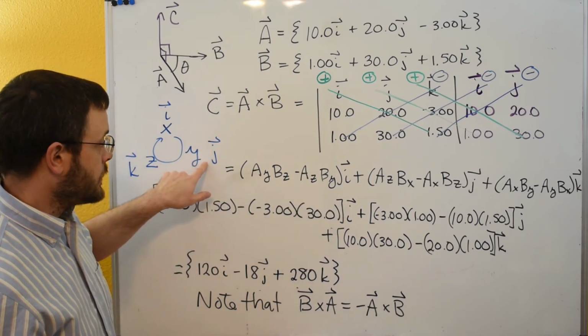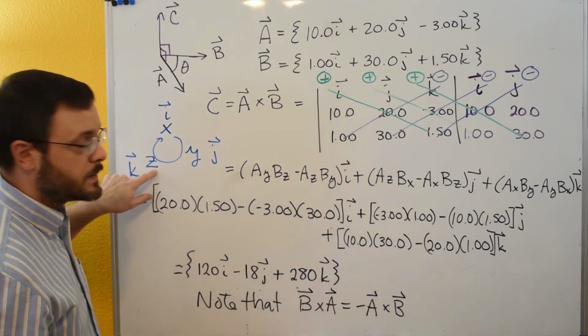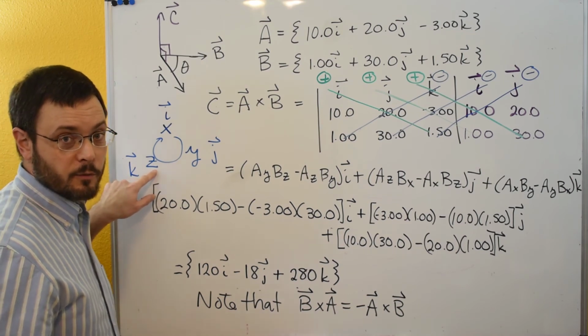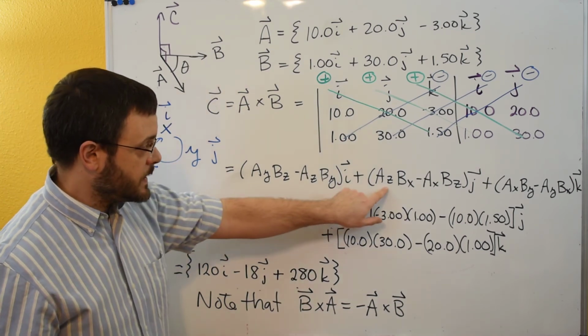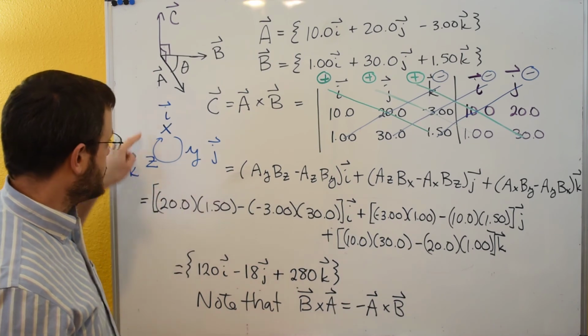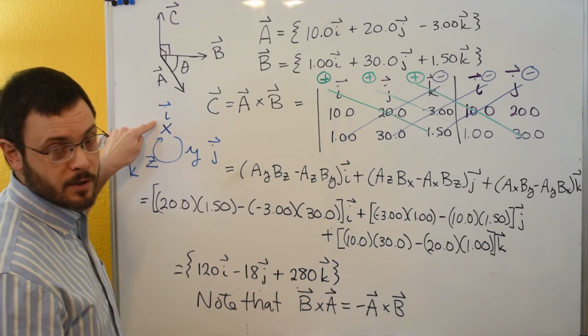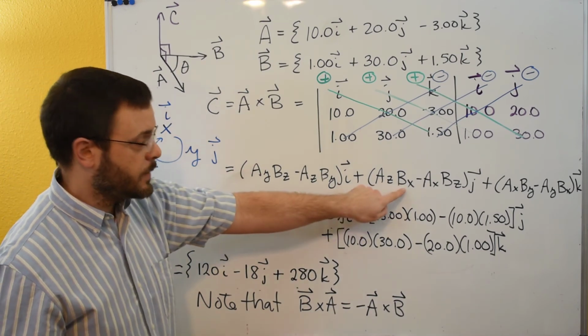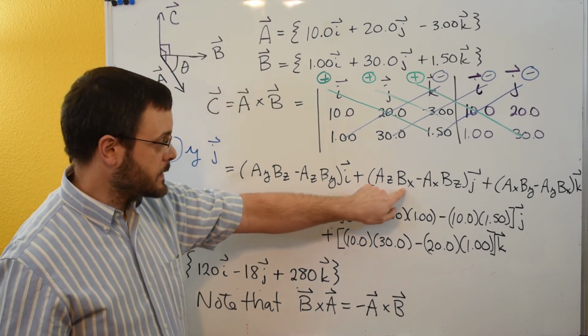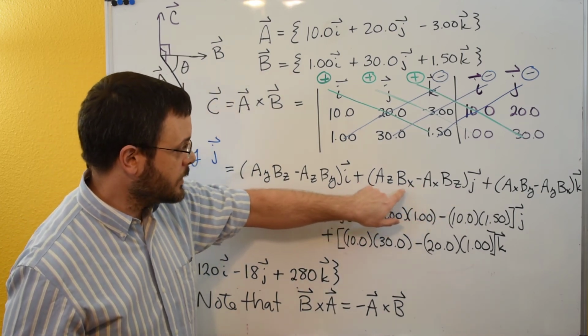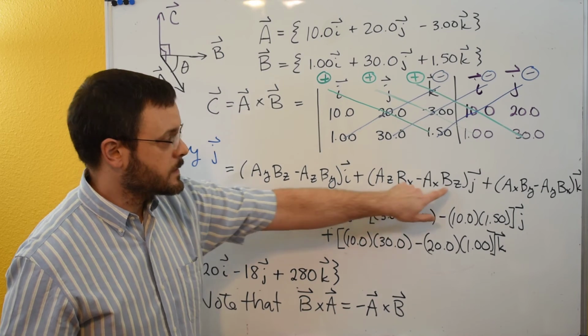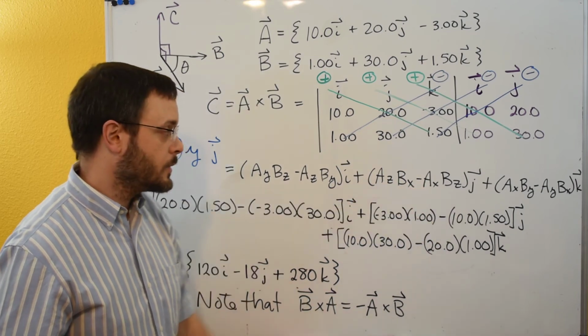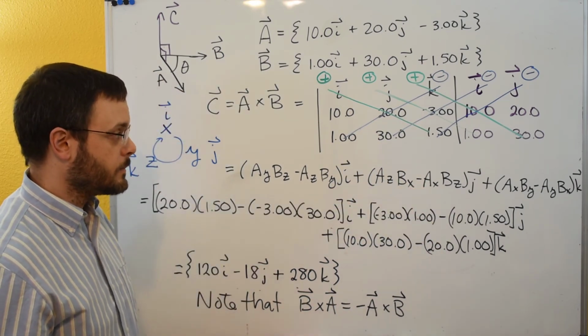Looking at your j term, your very next thing would be z. So it's going to be your first vector a, the z component, times the next thing, which would be your second vector b, x component. Then do a minus and just swap them. So this becomes minus ax times bz, and that's your j component or y component.